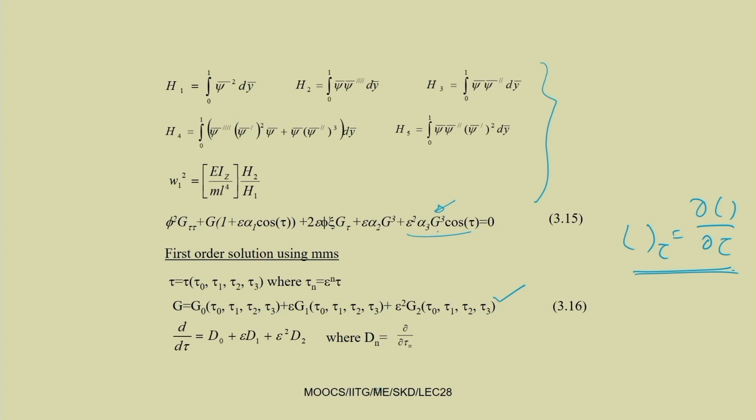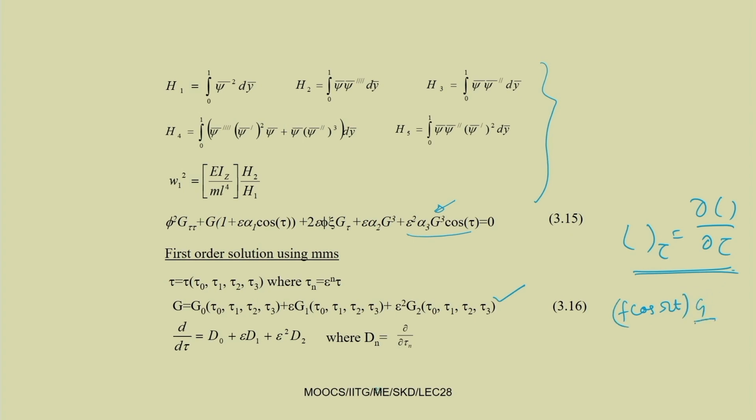The coefficient of g cube is a time varying term, that is alpha 3 cos tau. Previously, in the case of the Mathieu-Hill type of equation, the forcing term f cos omega t is multiplied with g or u or x, whatever you want to write.